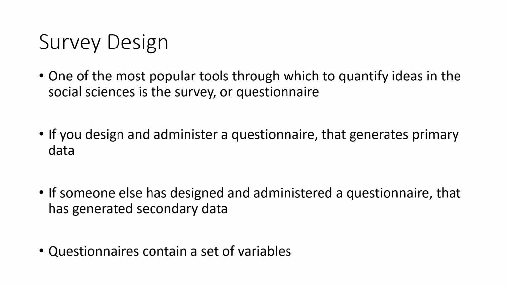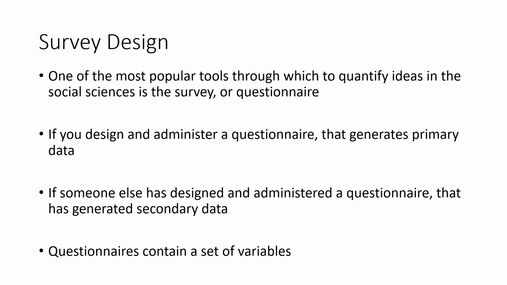We need to get data from somewhere. And for social scientists, the data typically comes from people. Sometimes it comes from organizations as well, but organizations, of course, consist of people. So ultimately, the data comes from people. You, I'm sure, have had experience in filling out surveys.